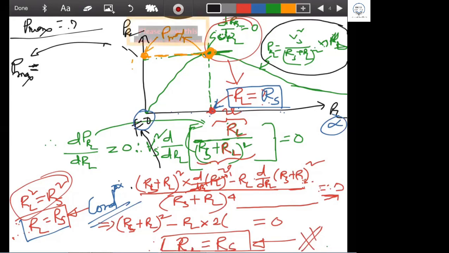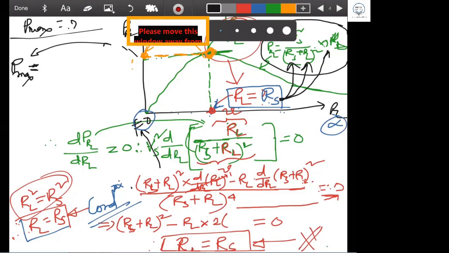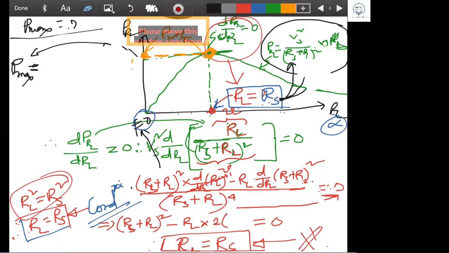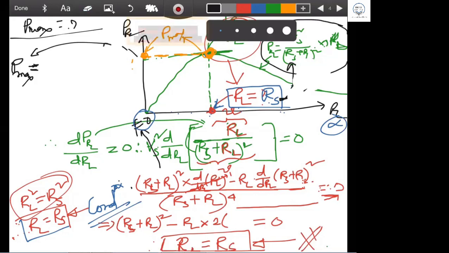In the power equation, if you substitute the maximum power condition, RS equal to RL, then you can get the maximum power.